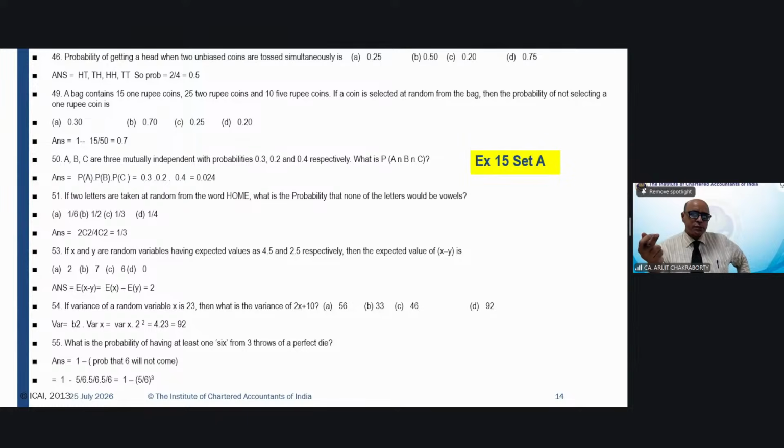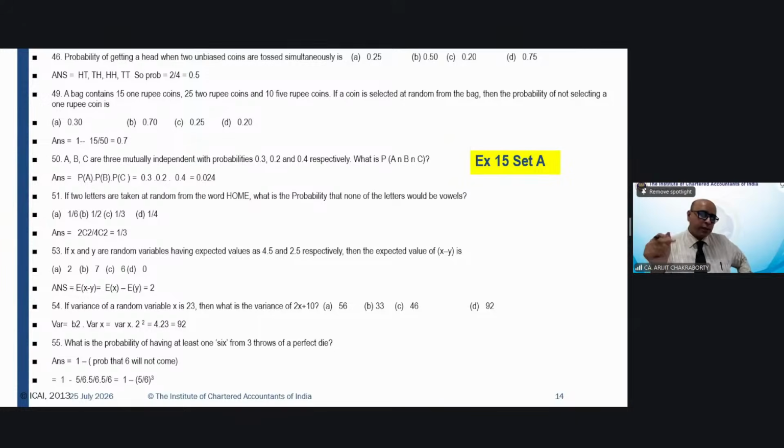At least one 6 means what? You can get one 6 and the other 2 may not be 6. It can be two 6s and the third may not be 6. And it can be all three 6s. So what is the complementary event of at least one 6? The complementary event is that no 6 will come.